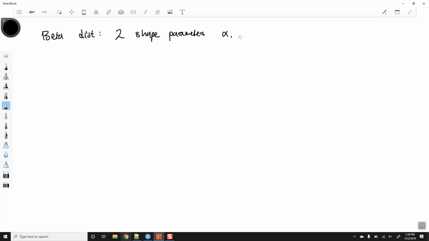I think we call them alpha and beta, or A and B, or whatever it is. Okay, and basically, I think I talked about this, right? But what would be a loose interpretation of what A and B represent?